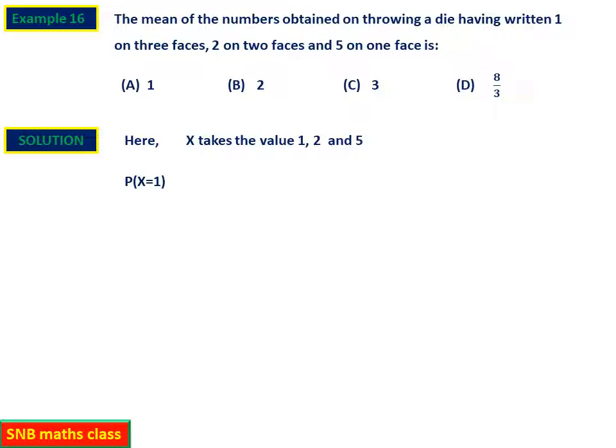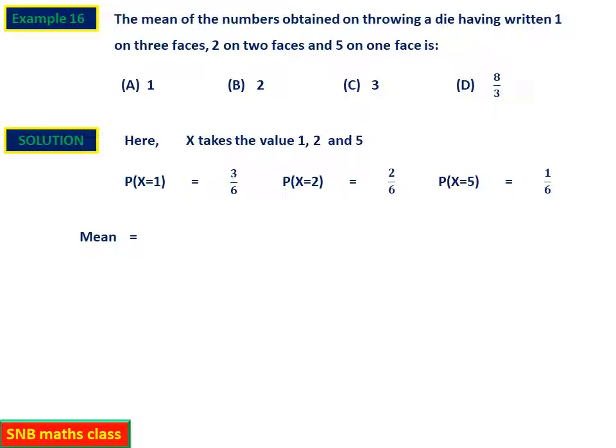Therefore now p of x equal to 1 will be 3 by 6 because there are 3 faces. Similarly, probability x equal to 2 will be 2 by 6 because there are 2 faces. And probability x equal to 5 will be 1 by 6 because there is only one face on which it is written. This is a very interesting problem.